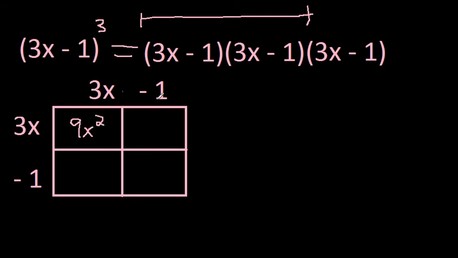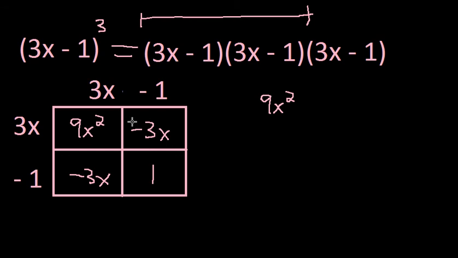Great. And then 3x times negative 1 is negative 3x. For this cell, it's going to be negative 1 times 3x, just row times column, so negative 3x again. And then this cell is going to be negative 1 times negative 1, or just positive 1. So the result of this is going to be 9x squared minus 6x, because I have 2 minus 3x's.